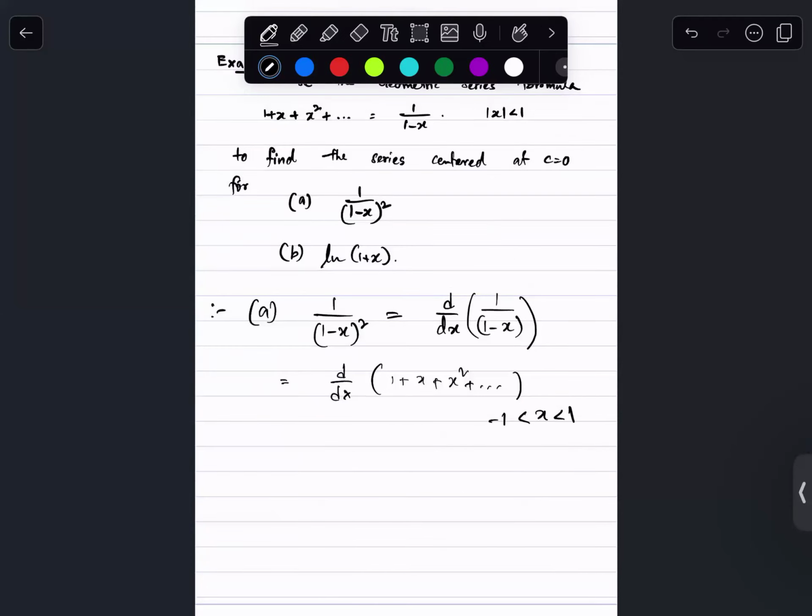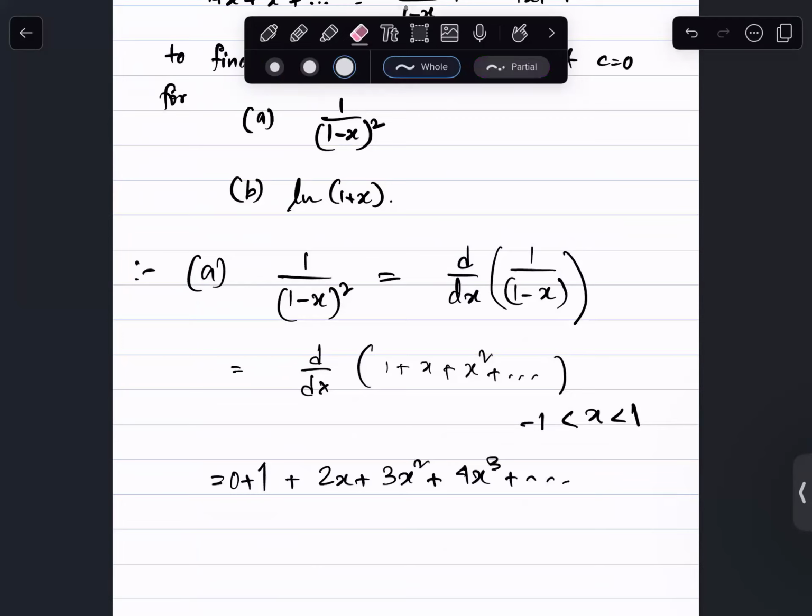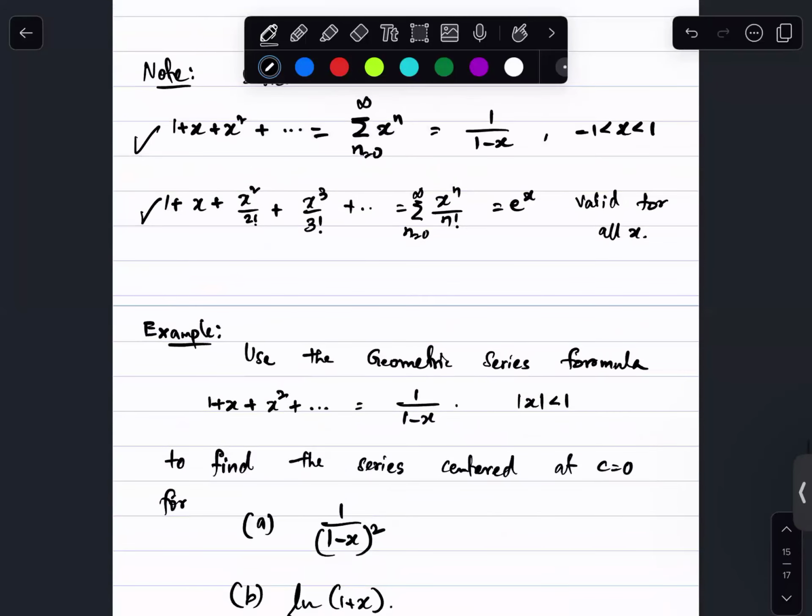Okay, cool. Now I can do the term by term derivative, right? So if I do the derivative, I will get 0 for the first term, 1 for the second term, then 2x, then 3x squared, then 4x to the third, and so on. Okay, can neglect this plus 0 here. So yeah, I have got the series expansion for 1 over (1 minus x) whole square by using the geometric sum.